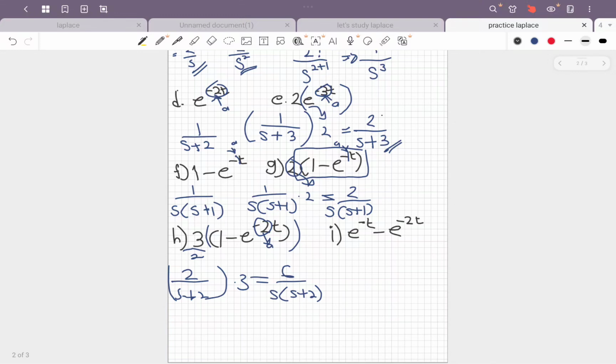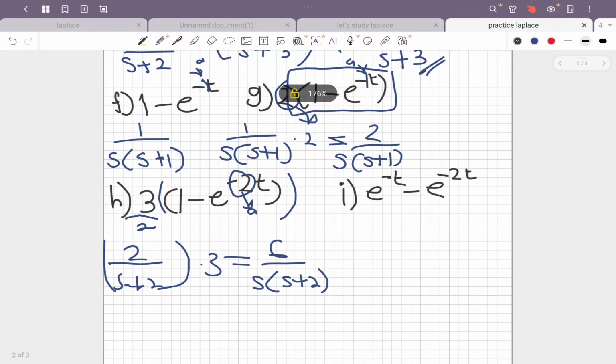Now let's cover question I. We will refer to rule number 13. This is our A and this is our B. If we refer to our table, we will have the answer.